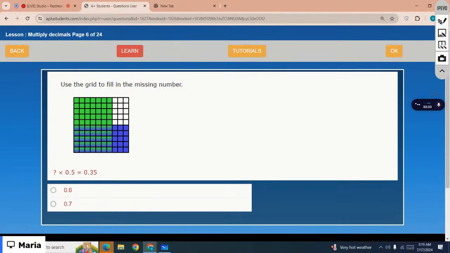Use the grid to fill in the missing number. 0.5 times what number makes 0.35?